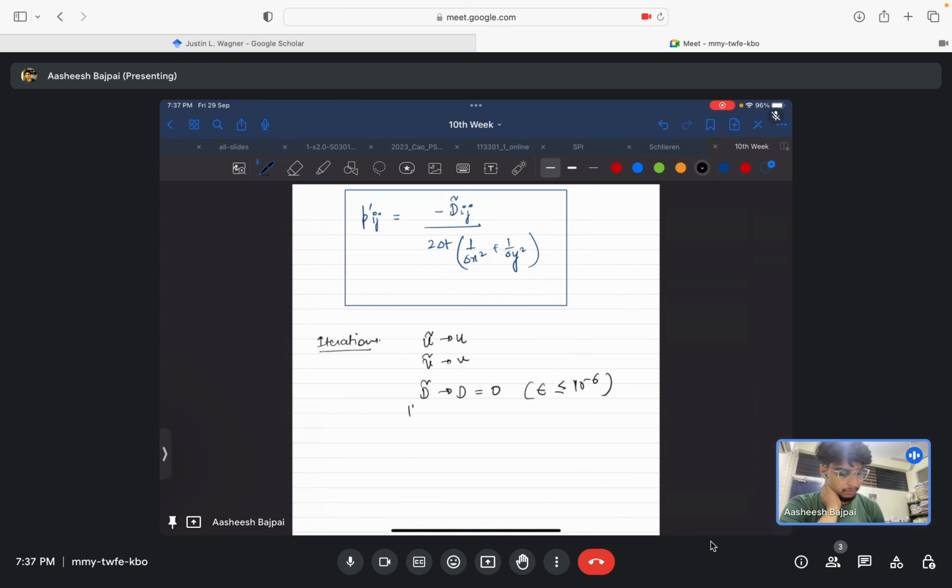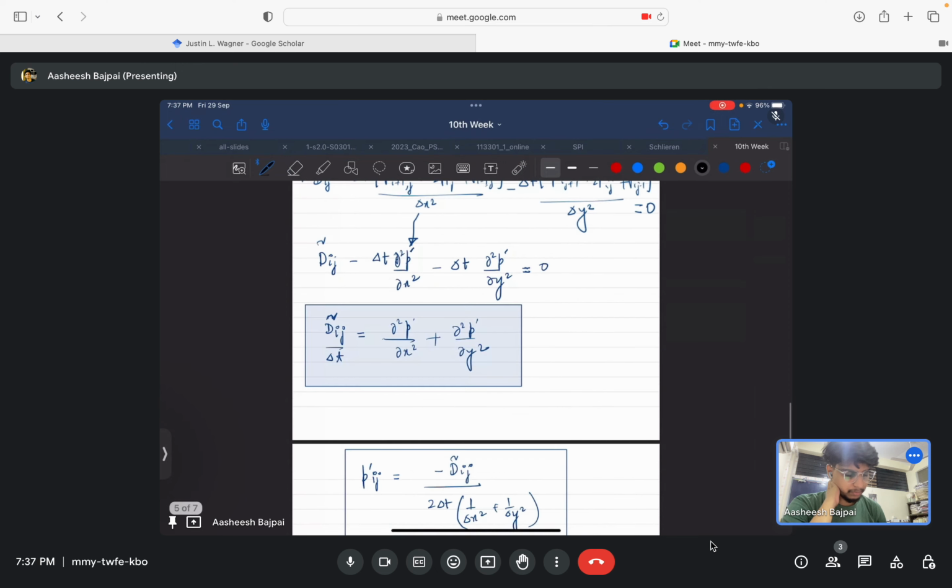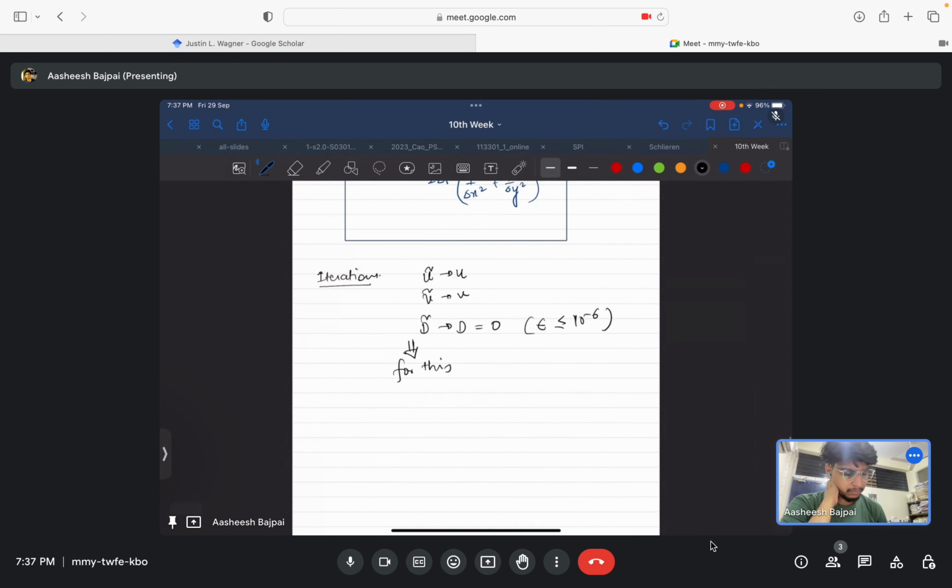And for this, delta t can't be 0, and delta x and delta y are also not 0.